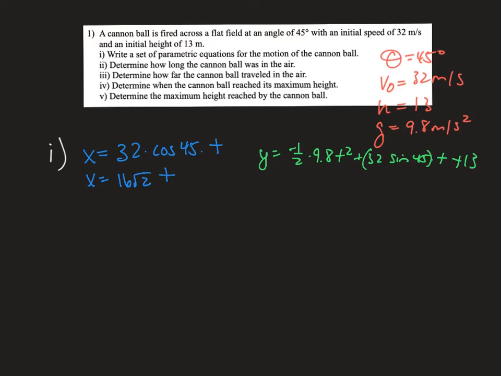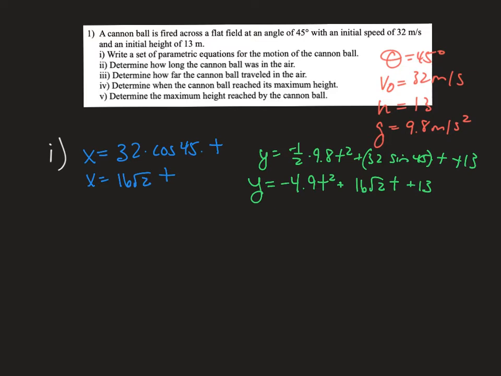And guys, I'm so sorry, I always forget that my t's and my plus signs look the same. So negative 4.9 t squared plus, I'll try to make them look different, 16 radical 2 t plus 13. And again, decimal is fine for the 16 radical 2. Just pay attention to what it's asking in your My Math Lab.